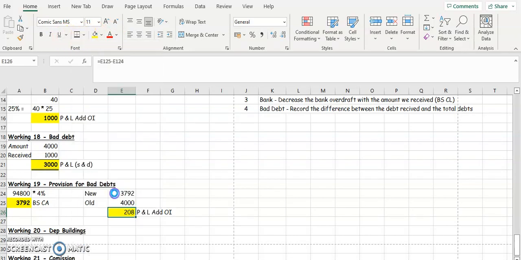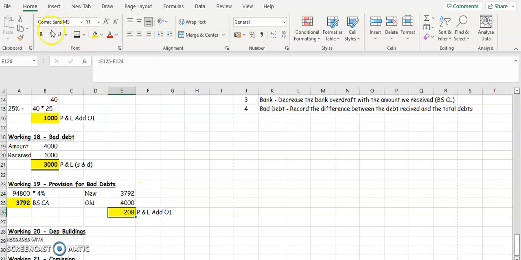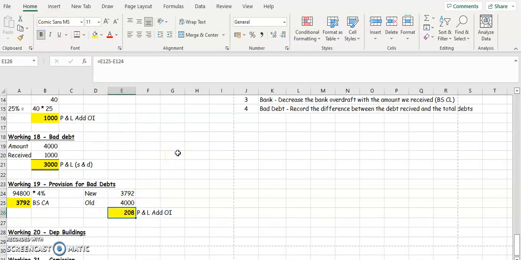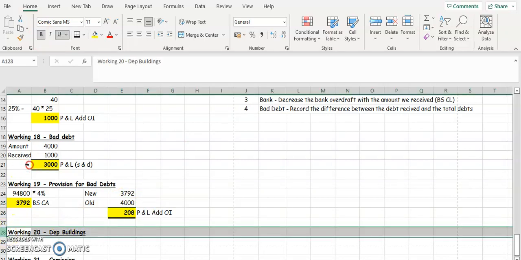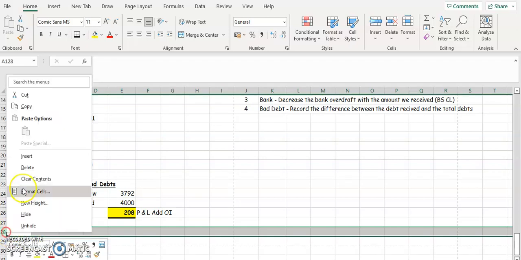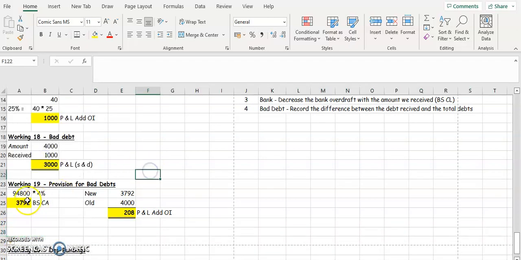If that was an increase, it'd be an expense. So if our provision for bad debts was going to be more than 4,000, that would be an increase, and that would go into the profit and loss as an expense underneath your selling and distribution. So with the provision for bad debts, two things you want to calculate: what is the new provision, which is taken away from your debtors in the balance sheet, and then whether that is an increase or a decrease. We've calculated it's a decrease.